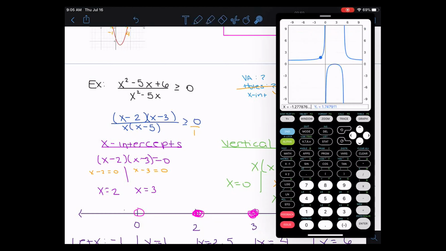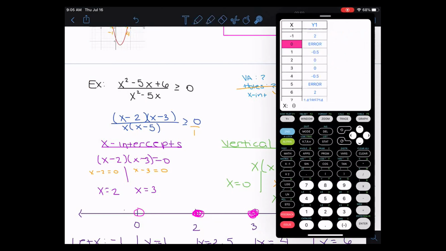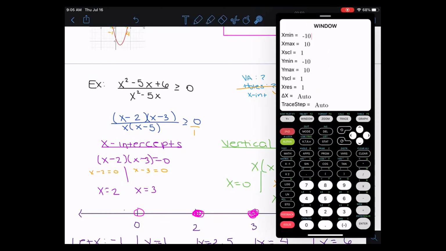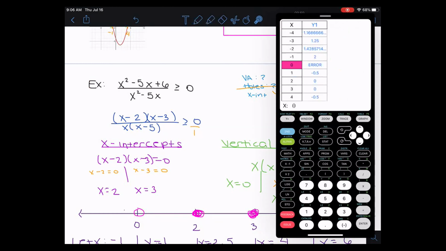If we want to find out what the x values and y values are, we can go to second table set, and for independent, you click ask. So now when we go to table, oops, I forgot exactly which one it is.